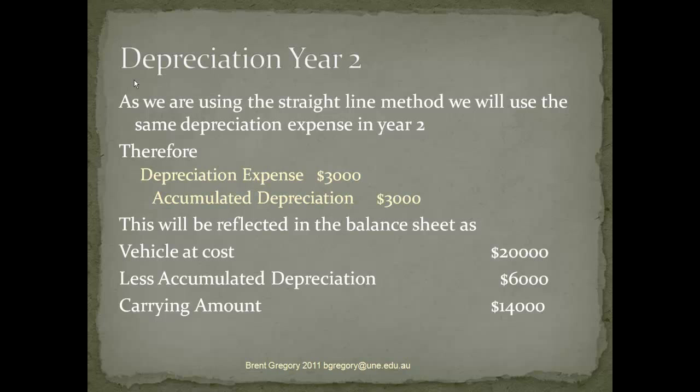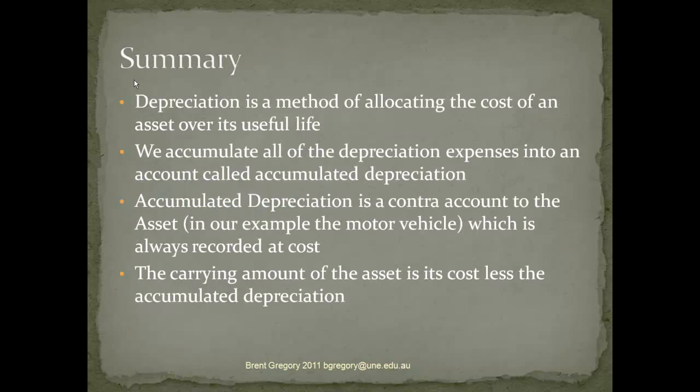Year 4 would be vehicle at cost $20,000 less accumulated depreciation $12,000 equals carrying amount of $8,000. Until we got through to year 5, which would be vehicle at cost $20,000 less accumulated depreciation $15,000, giving carrying amount $5,000. And that's what we expected to end up, because we expected that's what our residual value would be.